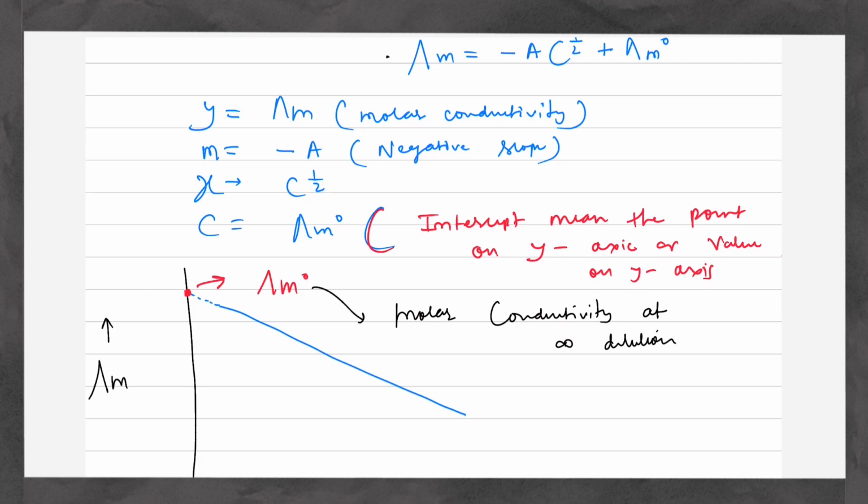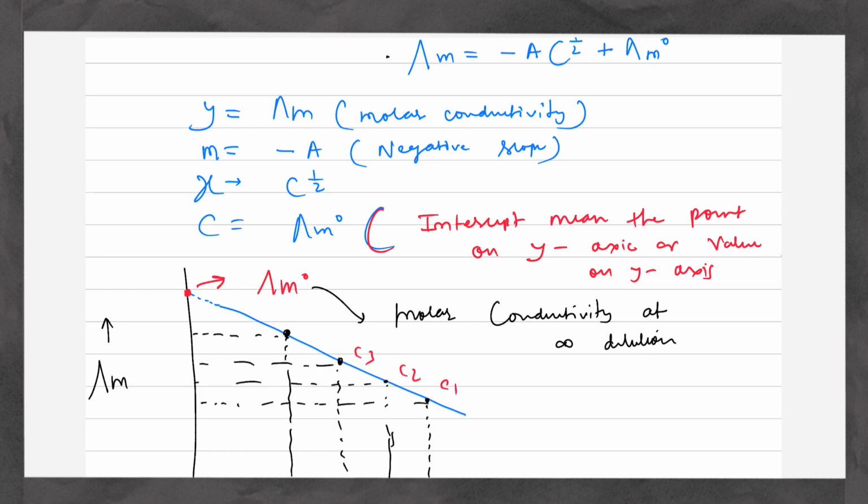So by plotting a graph, if I have a strong electrolyte, I can just plot 3-4 points. I can easily calculate molar conductivity at these concentrations, at concentration 1, concentration 2, and concentration 3 and 4.